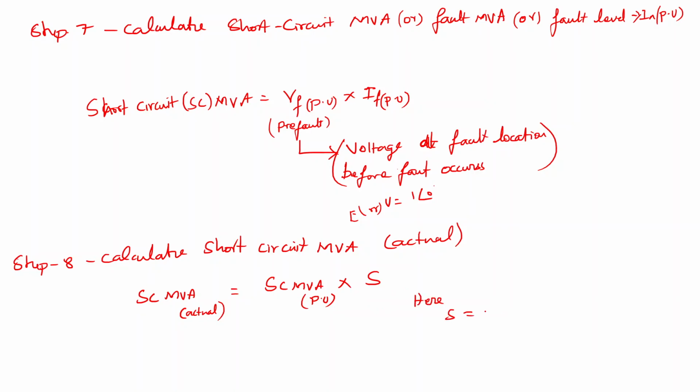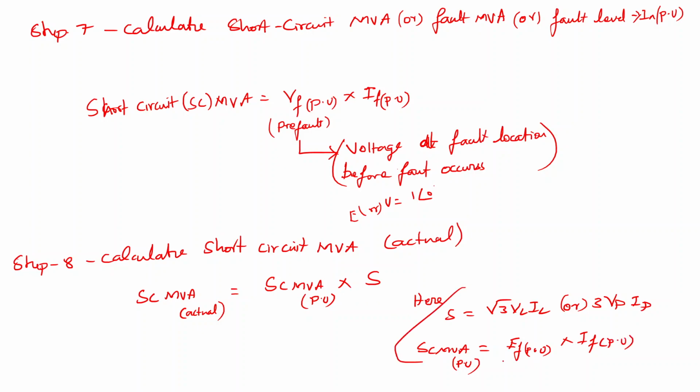Here S is equal to root 3 VL IL or 3 VP IP, and SC MVA per unit value, we know from step 7, is equal to EF per unit into IF per unit. So if we have these values, we'll get SC actual, the short circuit actual power.